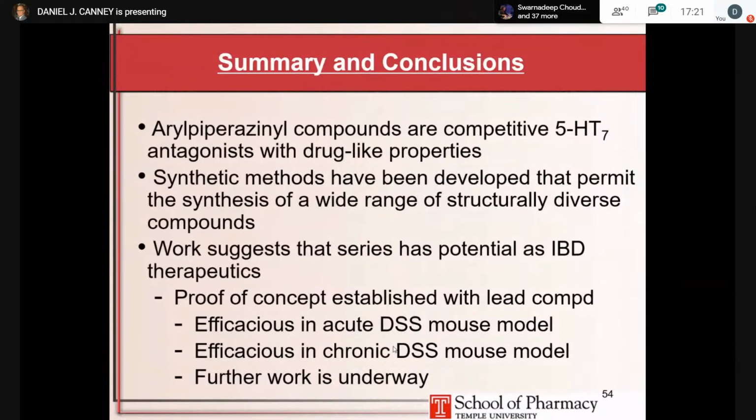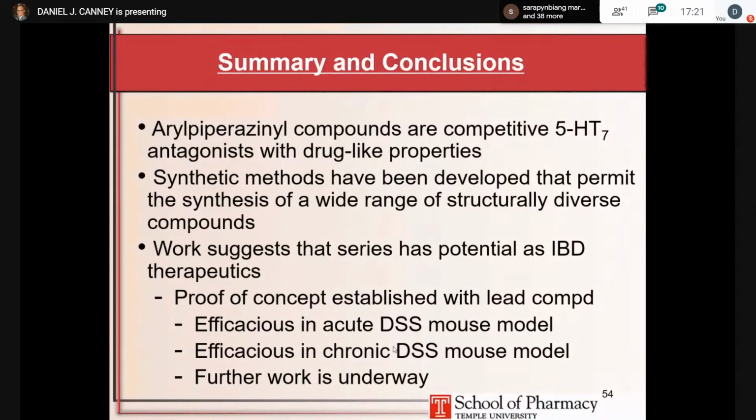I just want to summarize some things and acknowledge some contributions of different people. The summary: our aryl piperazinyl compounds are competitive 5-HT7 antagonists with drug-like properties. We've developed very efficient methods to synthesize these compounds, and we've come up with a wide range of structurally diverse analogs.